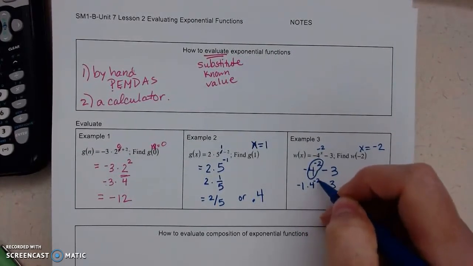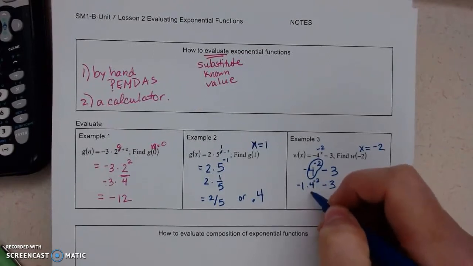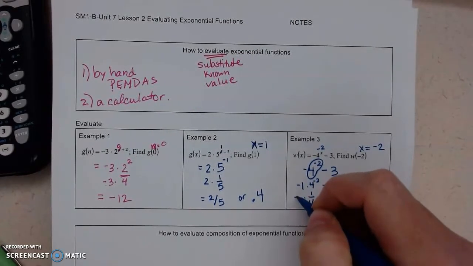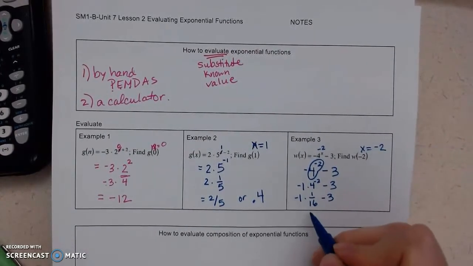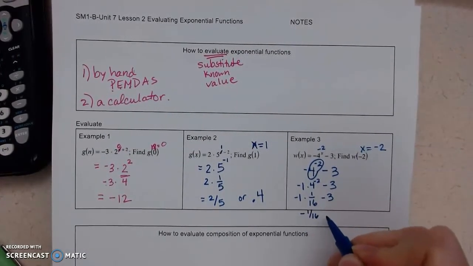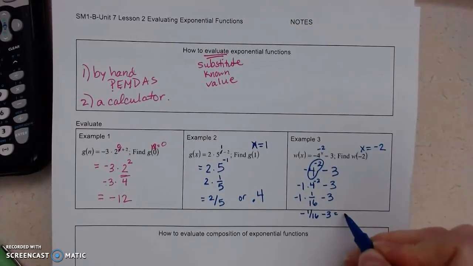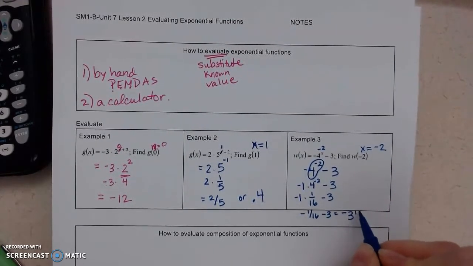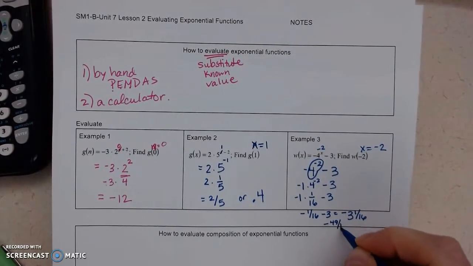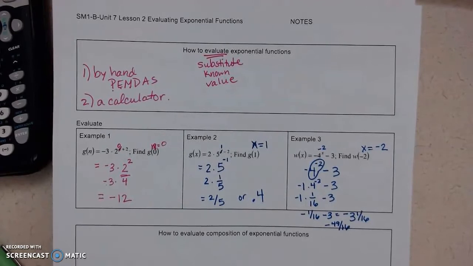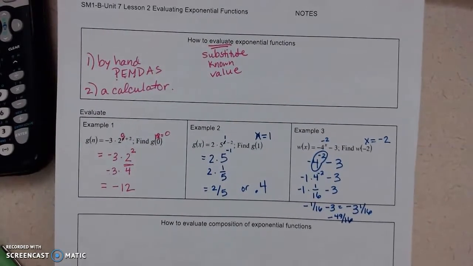So 4 squared is 16. The reciprocal is 1/16. So I would get negative 1/16 minus 3, which you can write as a mixed number, as an improper fraction, or the decimal, but I can't do the decimal in my head.